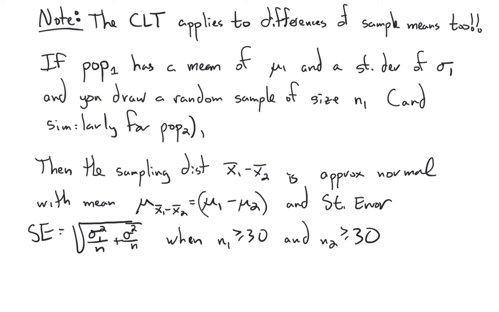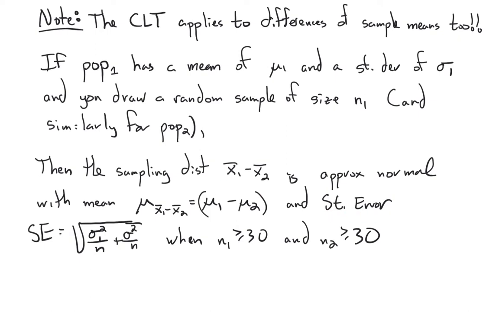All you need is that both samples, N1 and N2, the size of them is still above 30. If that holds, then the sampling distribution is going to be approximately normal. And just like in the one sample case, the mean is going to be the difference of the means of the populations.